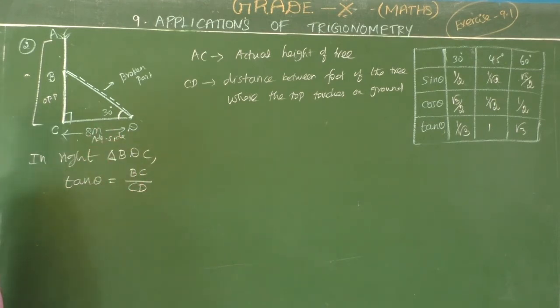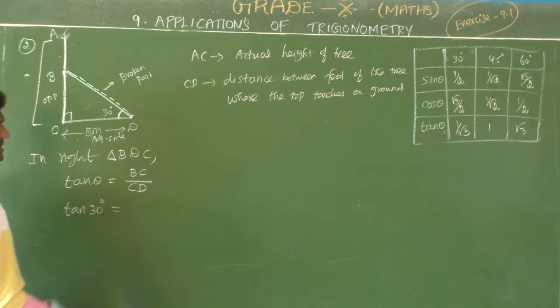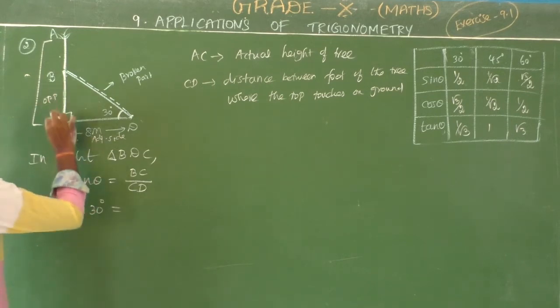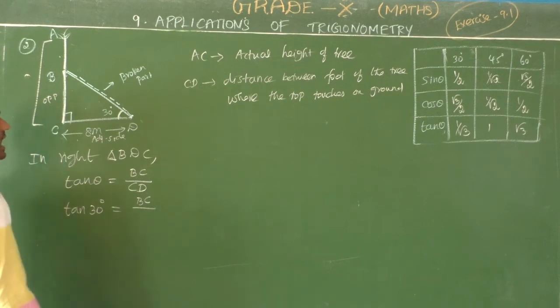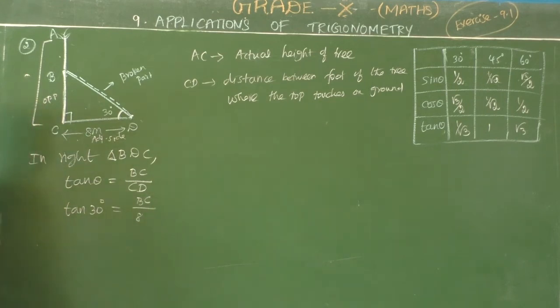The adjacent side is CD. Now substitute the value of the angle theta, which is 30 degrees. So tan 30 degrees equals BC, which you don't know, so take simply BC, and CD, the distance between the foot of the tree and where the top of the tree touches the ground, that is 8 meters.